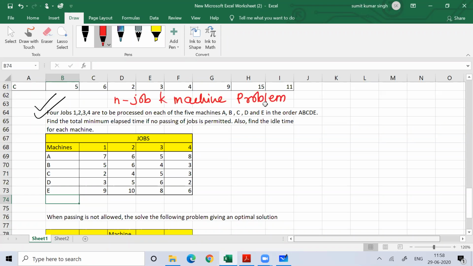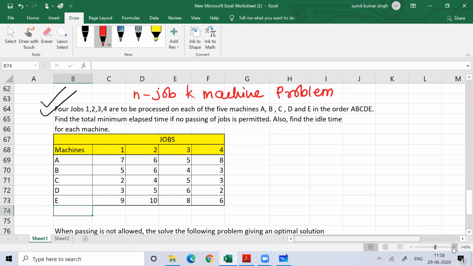Everyone, please write down this problem. Once you're done writing this problem, please write in the chat box so that I'll continue. Then I'll start solving.